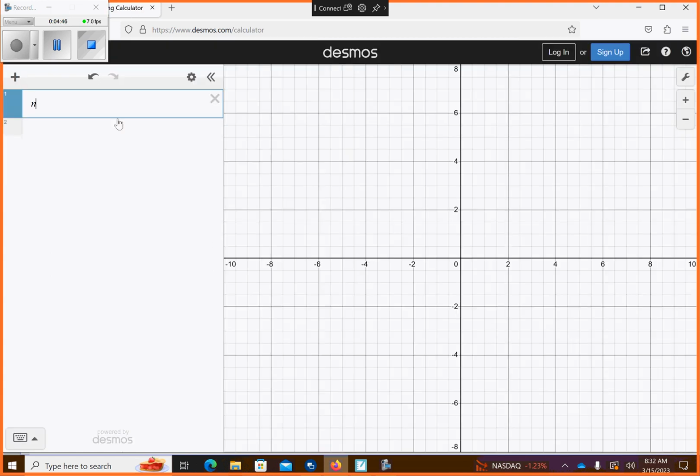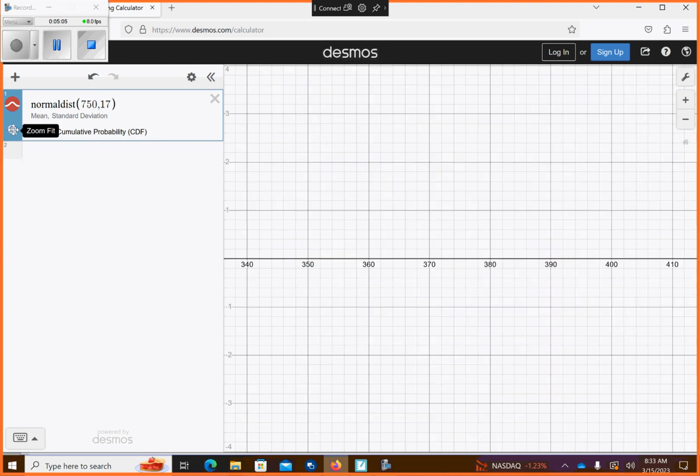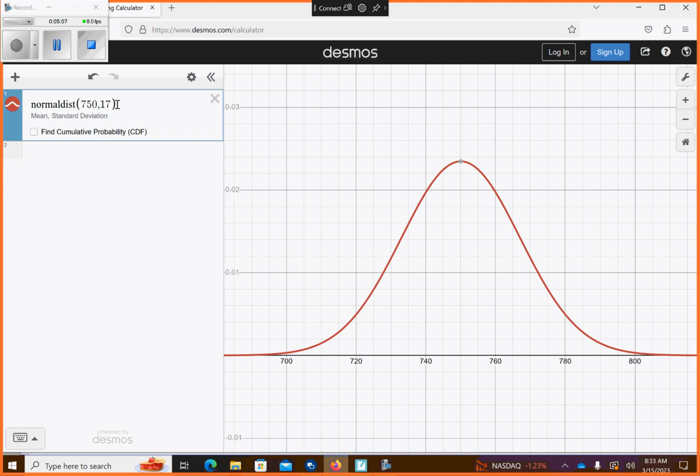So normal distribution. We're going to base this on 750. Standard error is 17. And then I can draw it. So that's what my normal distribution looks like in this place.